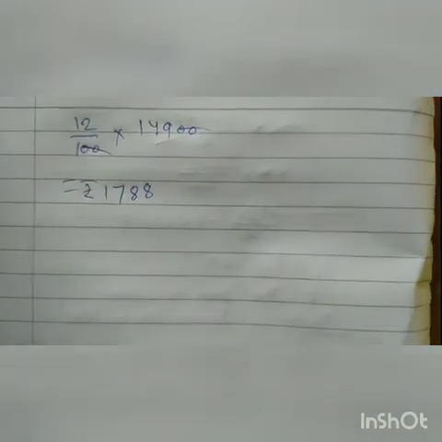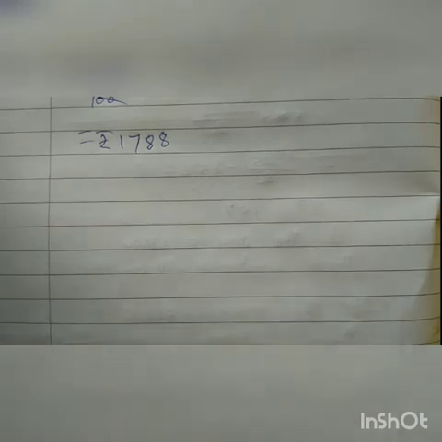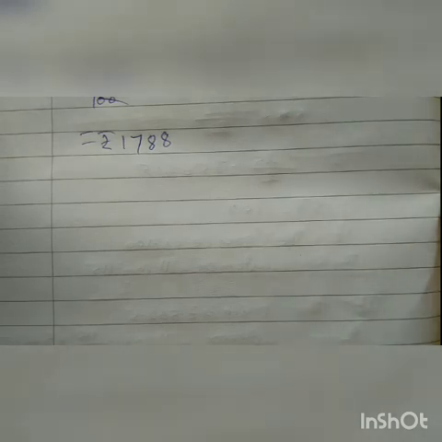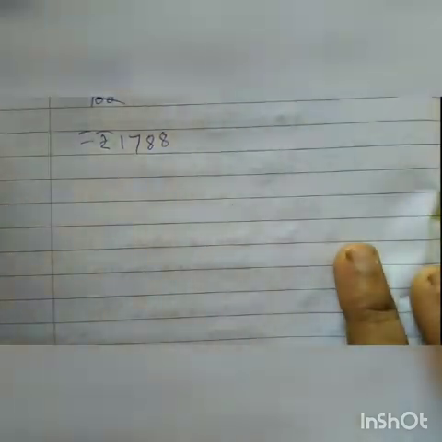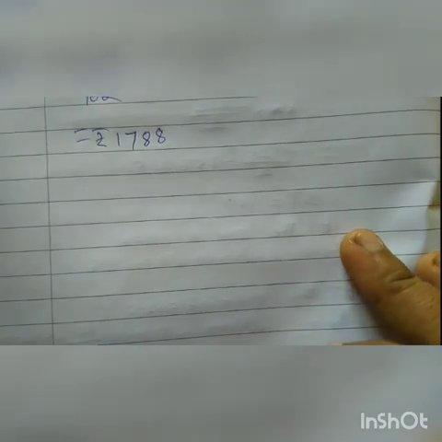This is the tax which has to be included in the consumer's amount he has to pay. So what is the tax? Tax amount is 1788 rupees. Okay, got it?